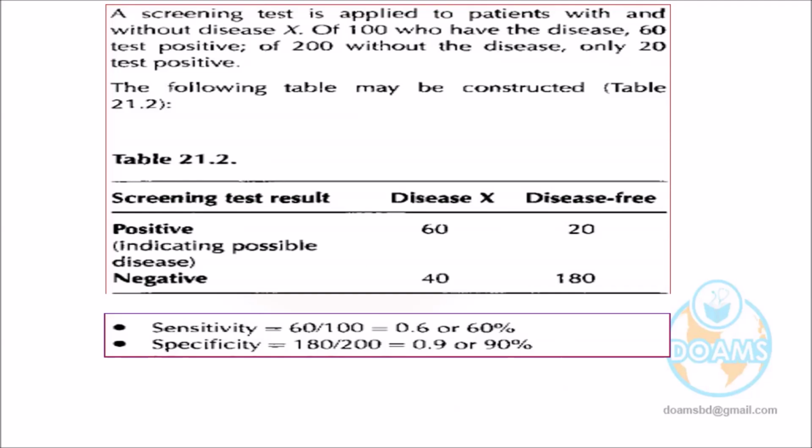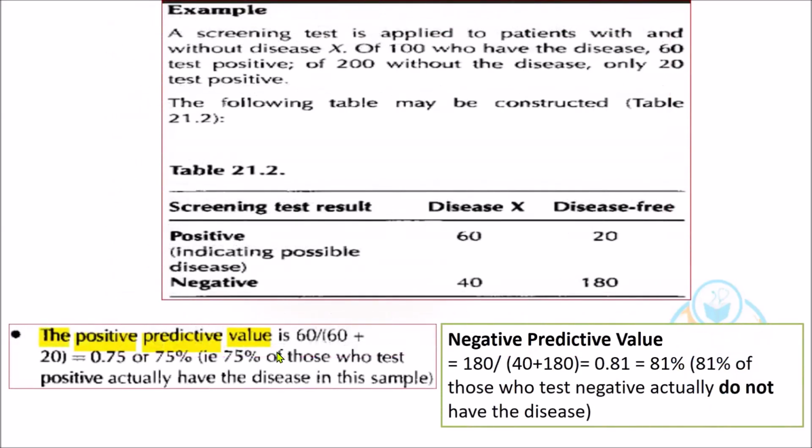So the positive predictive value is 75%, and the negative predictive value is 0.81, 81%. All of you having the correct answer?